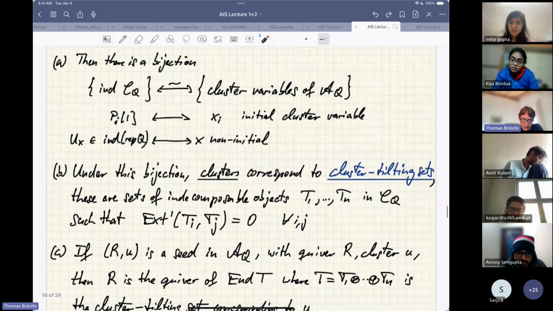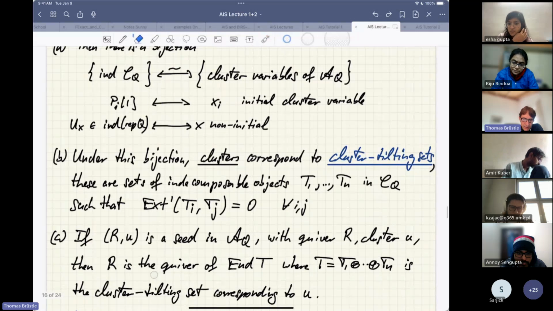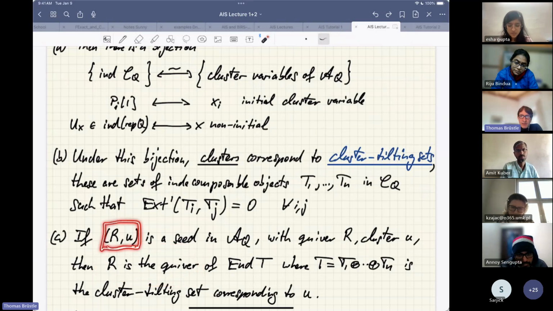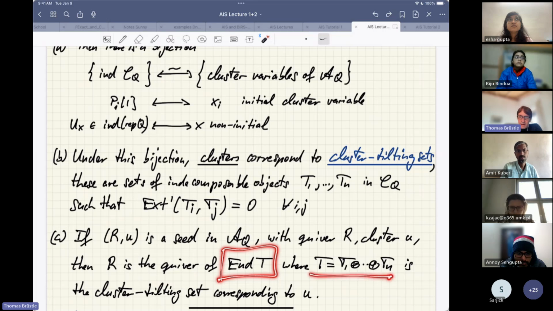And the answer is that the quiver of the seed containing U, so this cluster tilting object, is equal to the quiver of the endomorphism ring of that object. So I have these T1 plus ... plus Tn. I take its endomorphism ring.